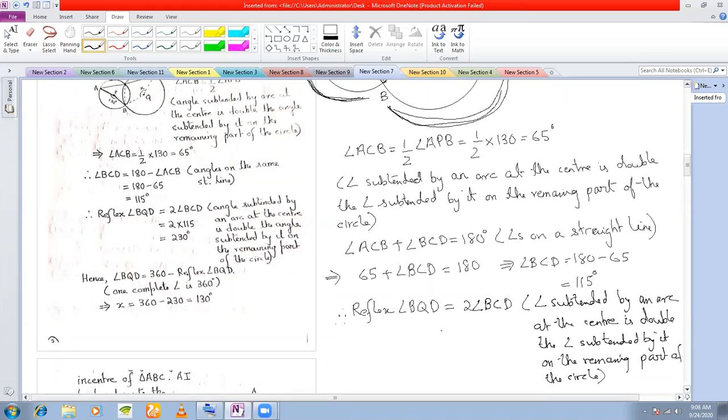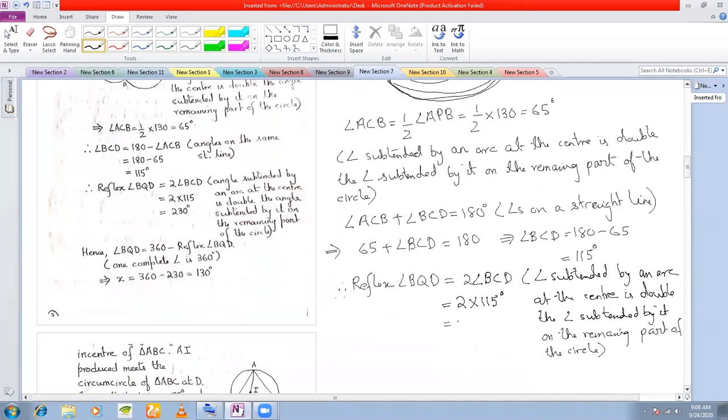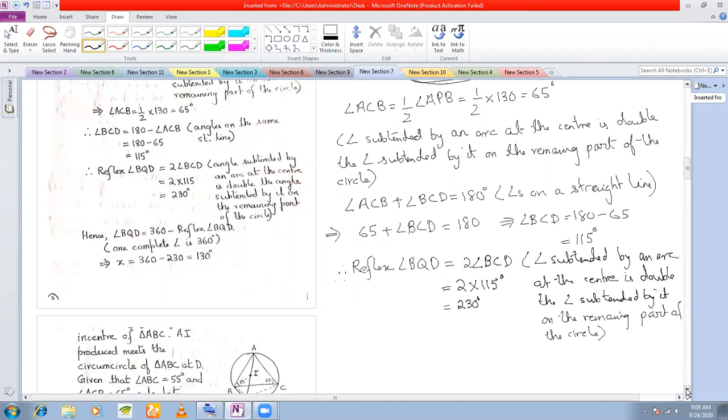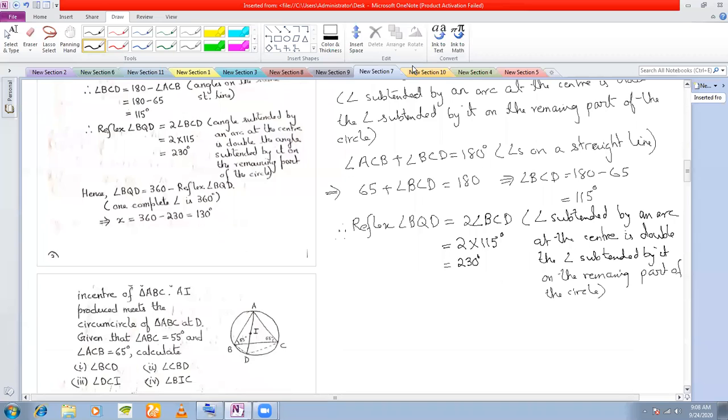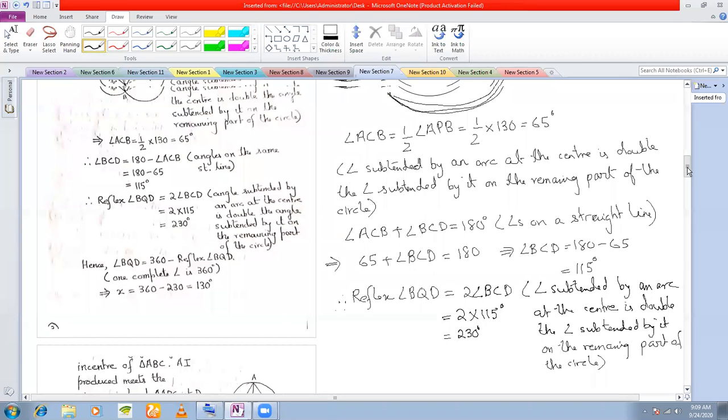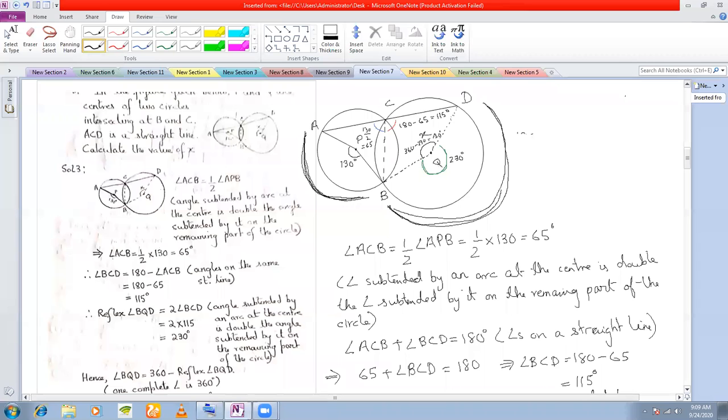Okay, so this is twice BCD, this is twice 115 degree, which is 230 degree. Therefore, what is X? Hence, X is equal to, this green angle is 230 degree.